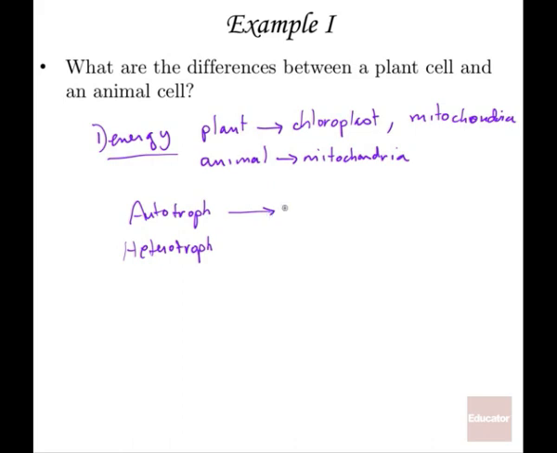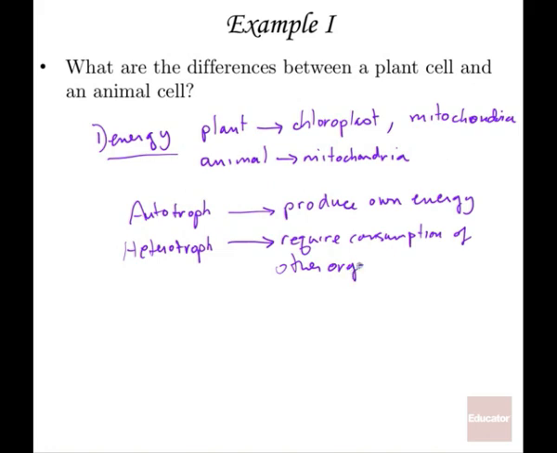They produce their own energy through photosynthesis. Whereas animals, so to speak, are heterotrophic, and they require consumption of other organisms. So that's a really big difference.